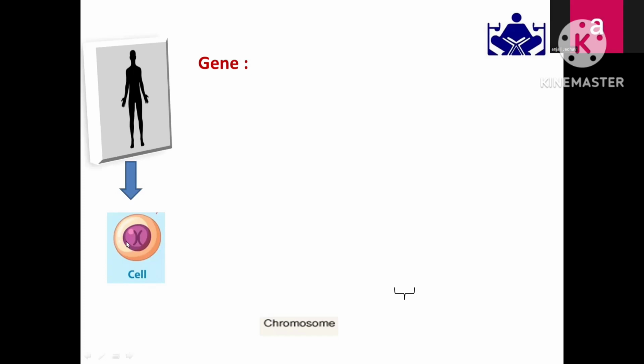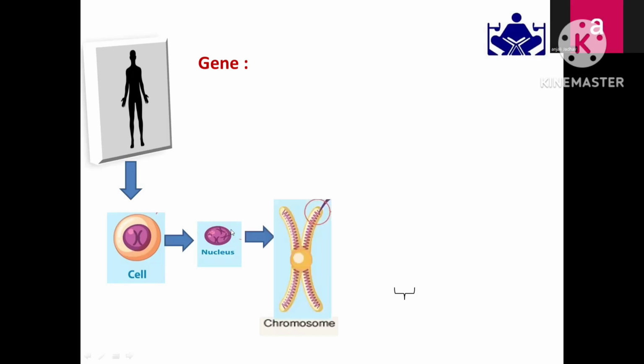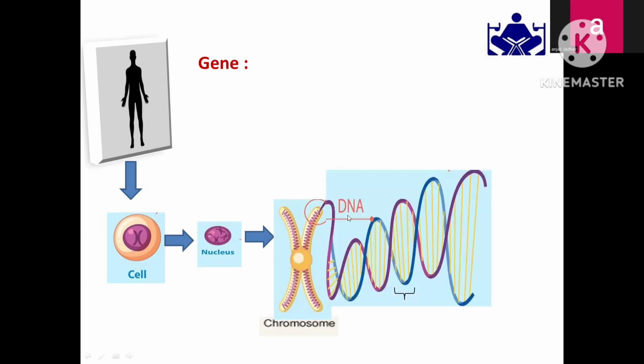Inside this cell, the nucleus is present and the nucleus consists of chromosomes. Now you can see here an enlarged chromosome. This chromosome is made up of a thread-like structure called DNA. DNA is a double-stranded helical structure and a segment of DNA is called a gene.